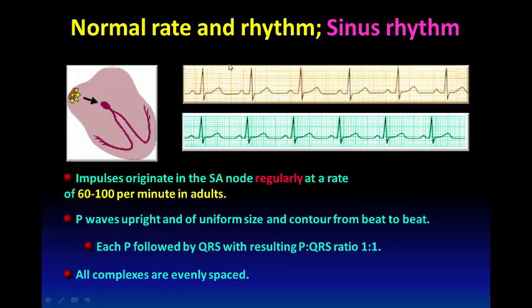Similarly, the time intervals between the successive QRS complexes are almost equal. So all complexes are evenly spaced and the PR intervals are constant within the normal range. So these are the criteria for a normal sinus rhythm in the ECG.